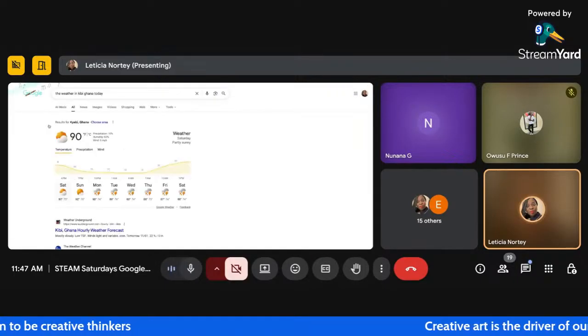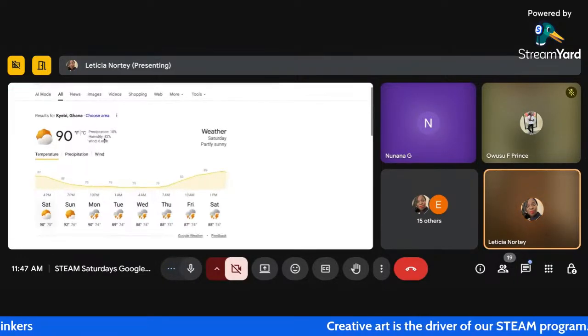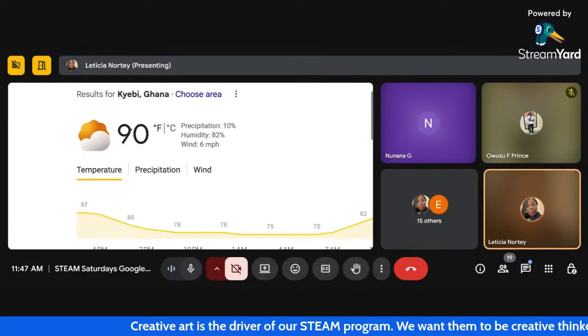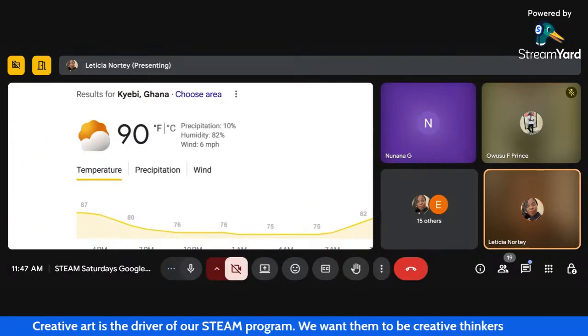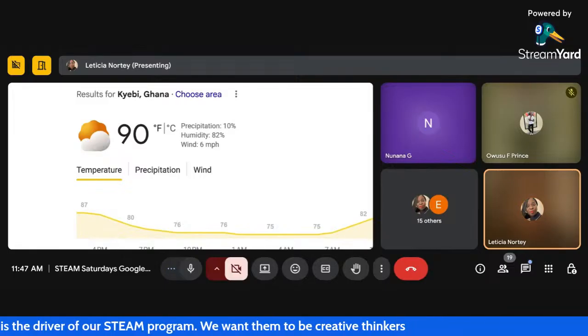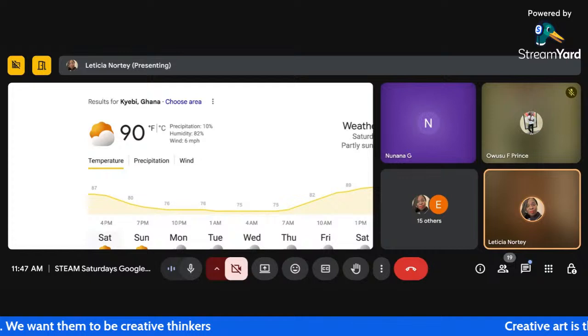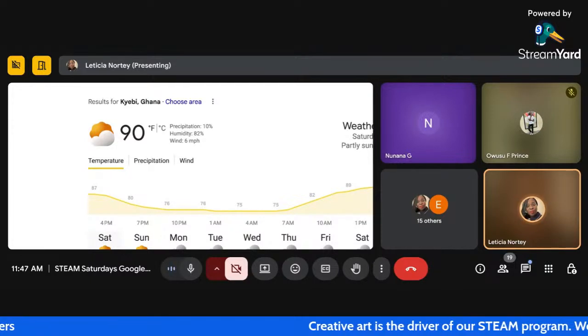And you see it brings it right here. So that will let you know the outside weather. Am I making sense? Does it work? So that is one way you can find the outside weather and stuff like that.